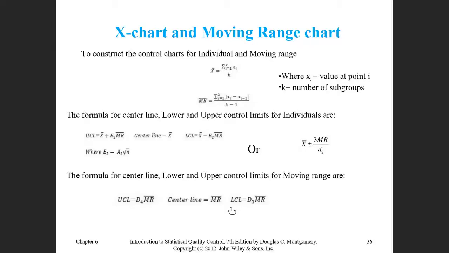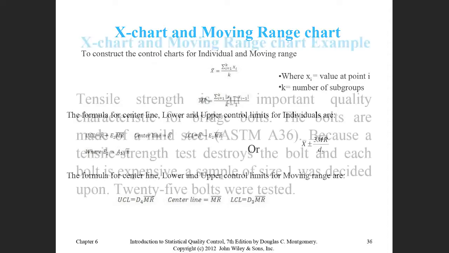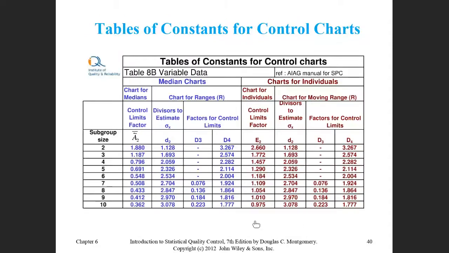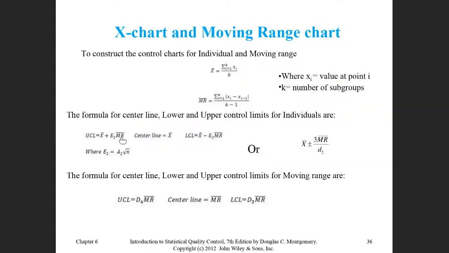If you find the X bar plus E2 times the average of MR, where E2 is the constant in the table, 2.66, and you multiply it with the moving range and add the average, you will get the same result.